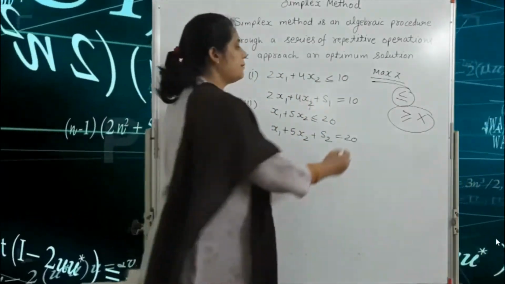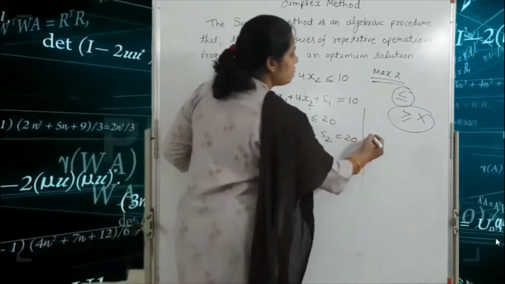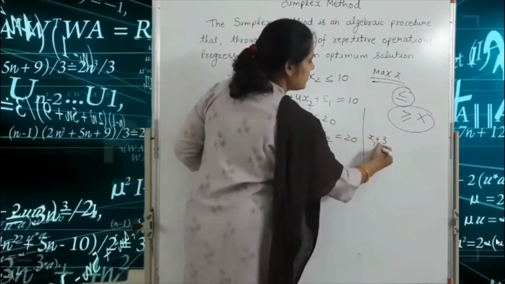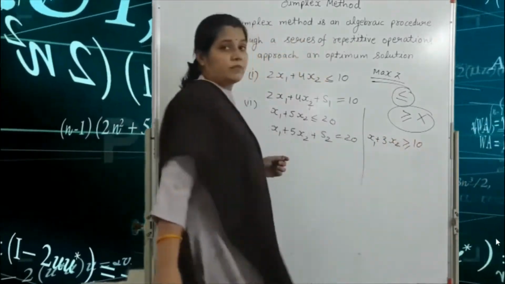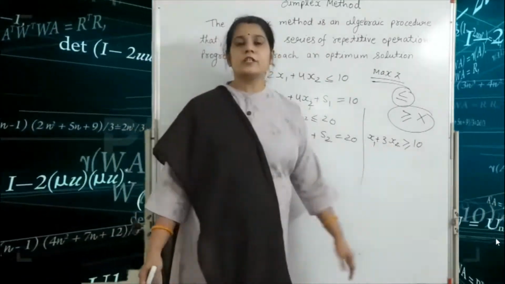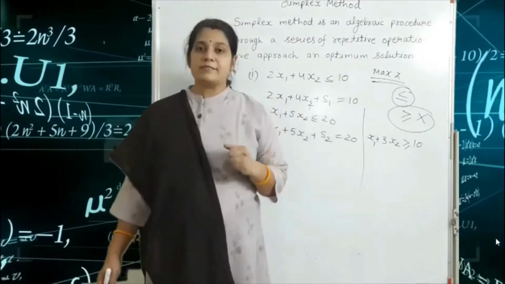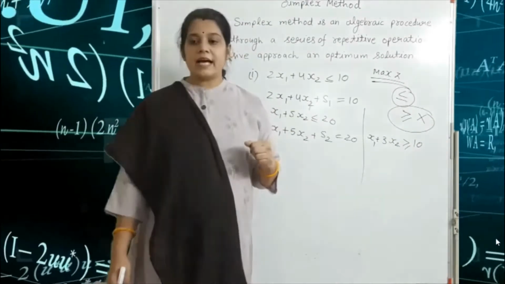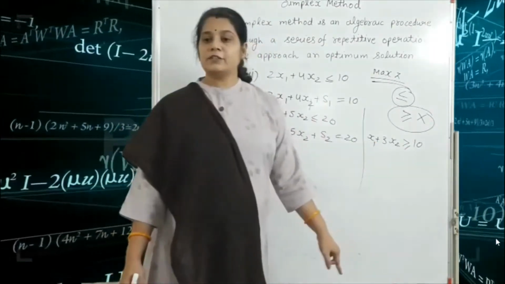Okay, for example, we are given a constraint equation in the form x1 plus 3x2 greater than or equal to 10. This type of question appears in the Big M method and the two-phase method. So we write x1 plus 3x2 greater than or equal to 10.